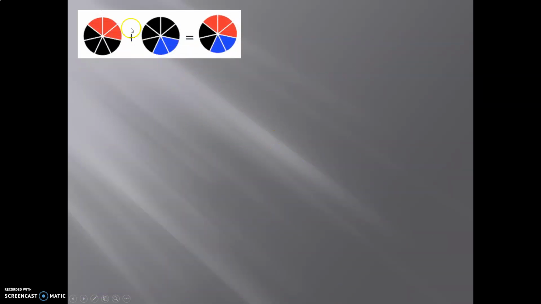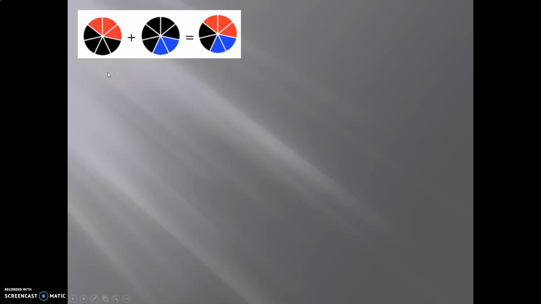Here I have a shape. And I choose to color 3 parts out of the total 7 parts in red. But my friend said that she's going to color only 2 parts out of the 7 in blue. So now, me and my friend, we finished coloring 1, 2, 3, 4, 5 together, 5 parts out of the 7.